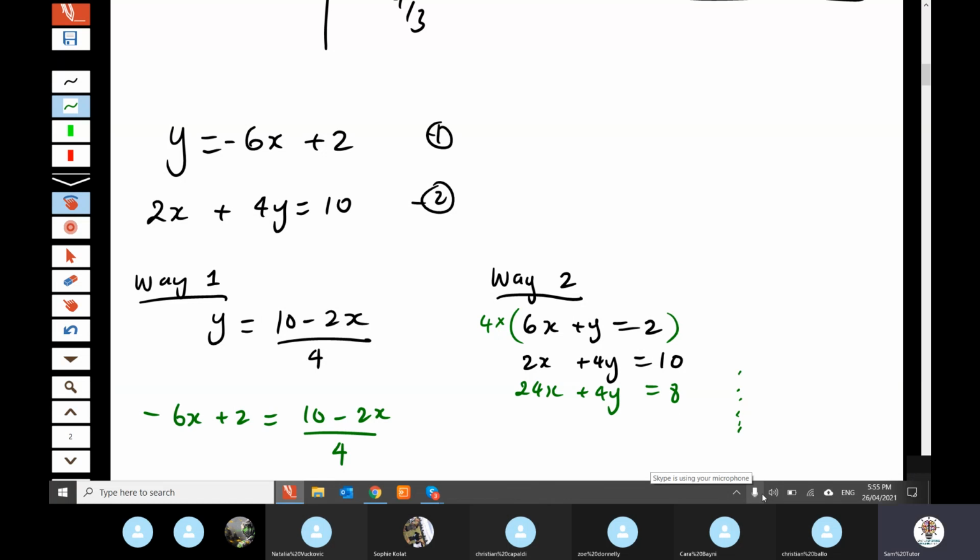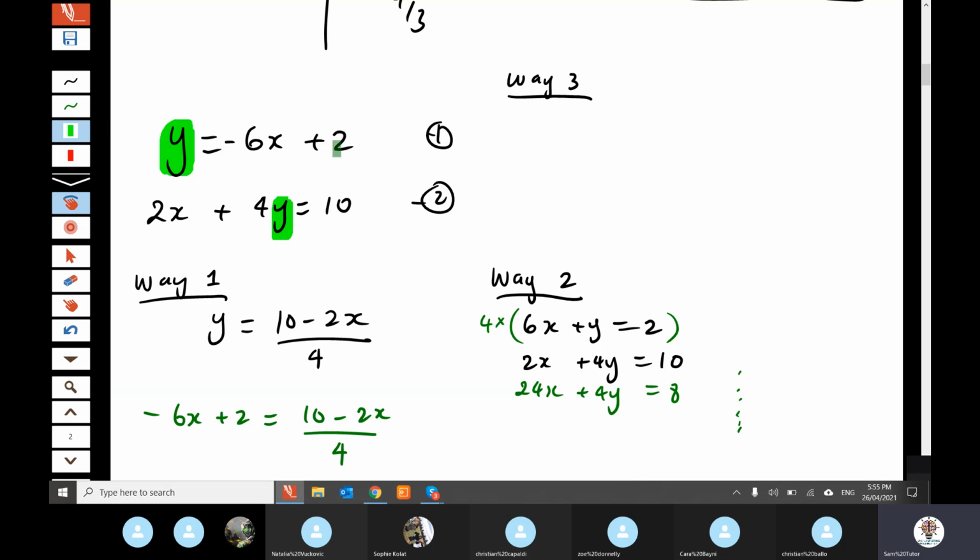Way number 3. Way 3. And I think this is why a lot of students don't like this, because they don't like different ways. They like to just pick one. But that's what I keep telling you. Pick one, be really strong at it. But way number 3 is, just like I did with the same case before, if I said y is equal to this, what is y equal to now?